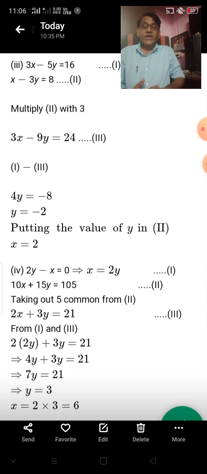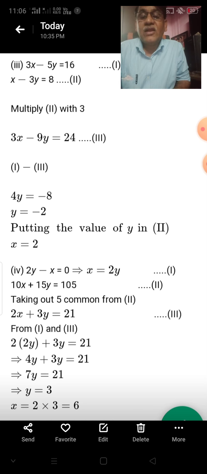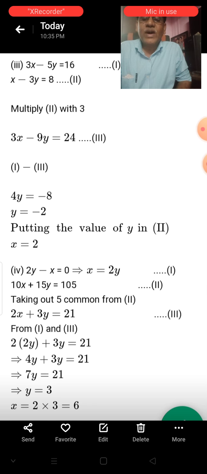Now from equations 1 and 3, we already know that equation 1 gives the value of x as 2y. So substitute that value in equation 3. Then you get 2 × 2y + 3y = 21.